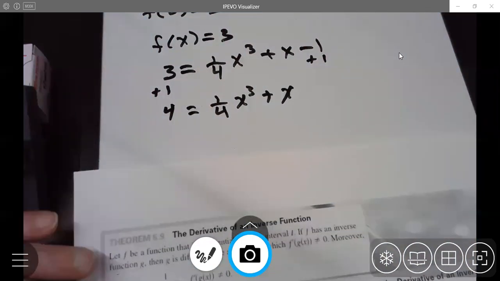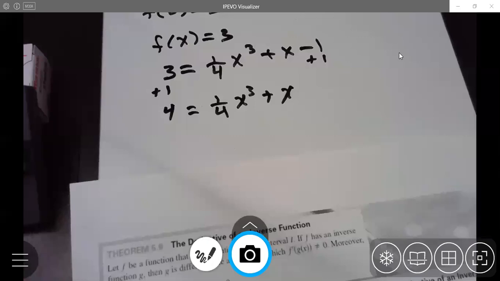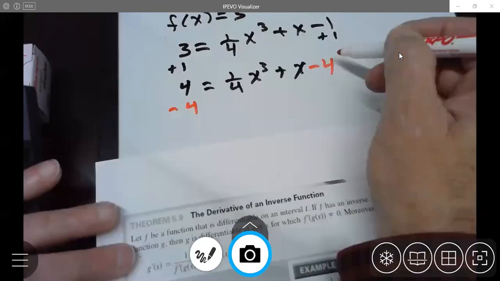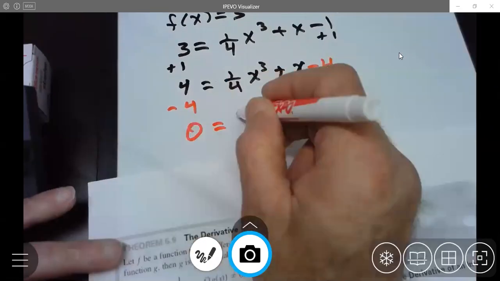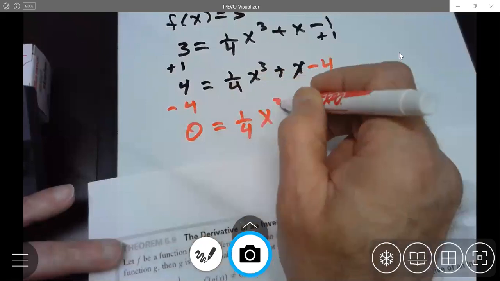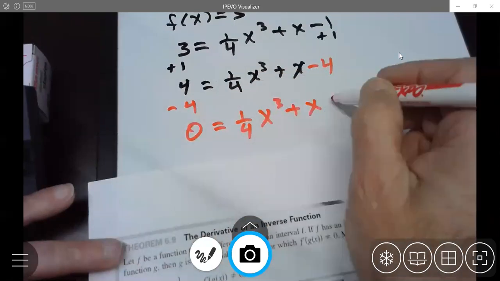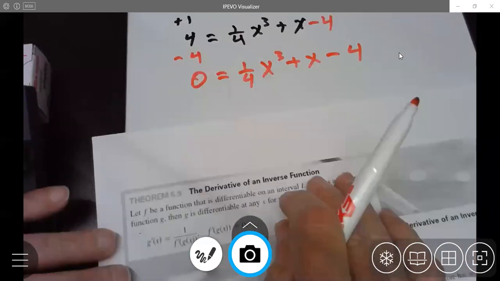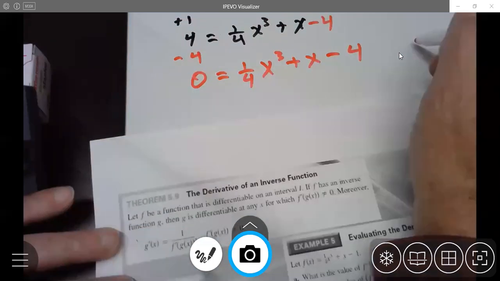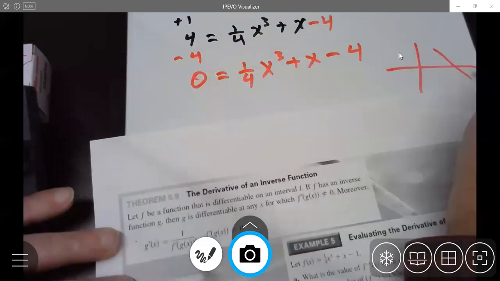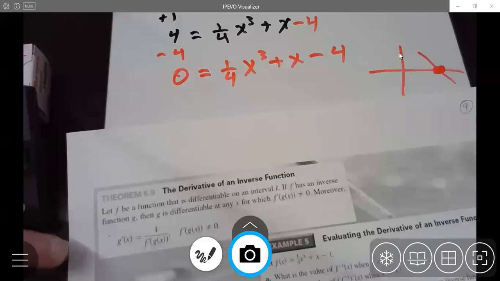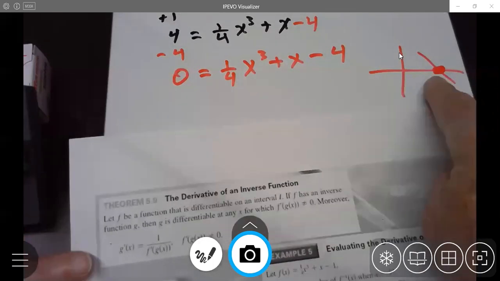Actually we could just subtract 4, move it back over, so that now we have 0 equals 1/4 x cubed plus x minus 4. So how do we find what x is from here? Well, if we can find that x-intercept, then we can find x.